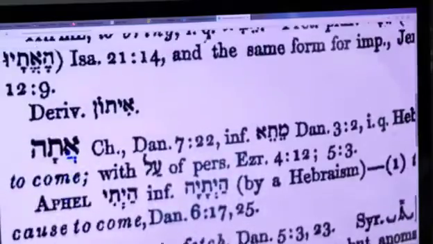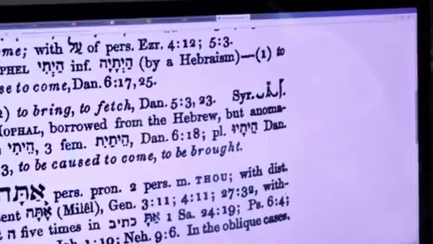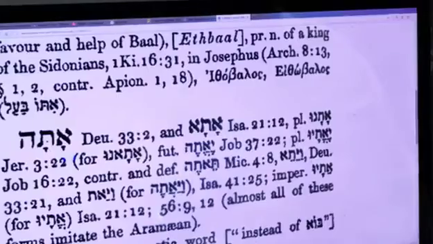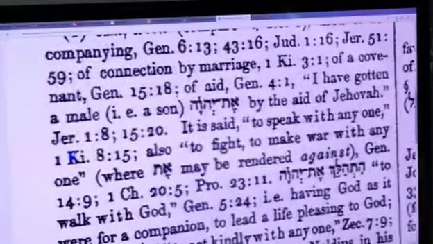In fact, I think there's an entry that is severed out solely for the feminine form. So let me see if we can find that one.